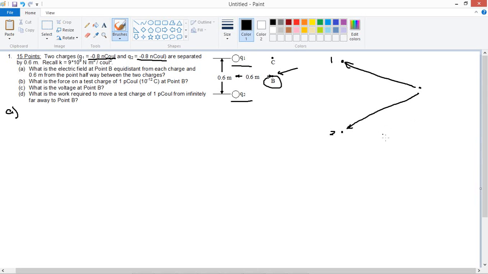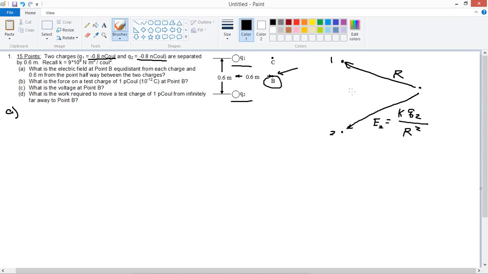The magnitude of the vector is going to be given by, and I'm not drawing an arrow over this because it's magnitude only, kQ2 over R squared, where R, in this case, is the same.